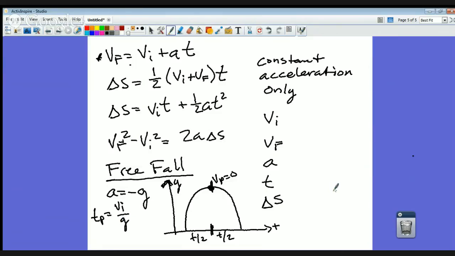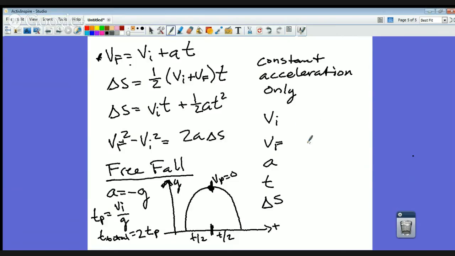We also had, if you want the total time, that's just going to be 2 times the time it takes to get to the peak, or 2 times the time that it takes to fall, either way.